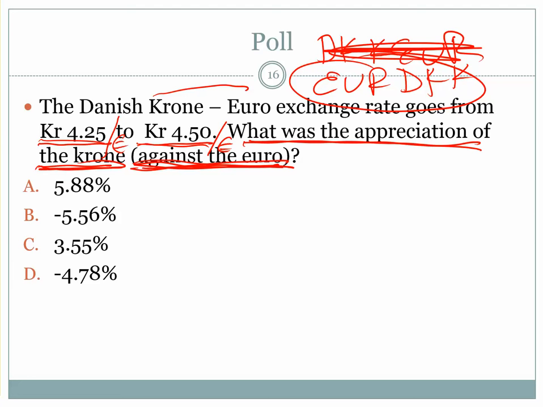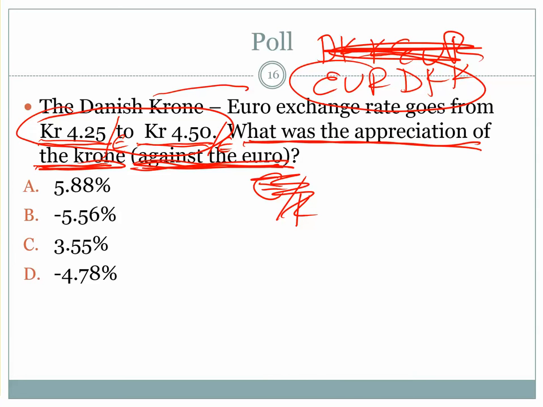Now this problem is a little bit different because if you really wanted to know what was the appreciation of the crown, you'd really want to know euro per crown exchange rates. So if I did a new minus old over old on this, it's going to tell me what happened to the euro, the denominator currency.